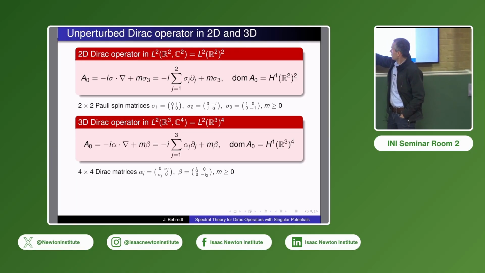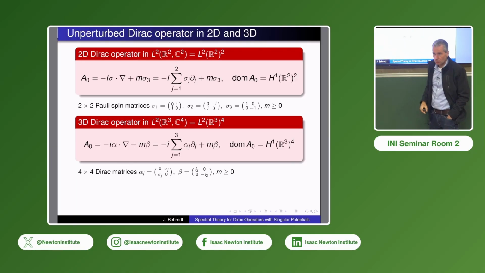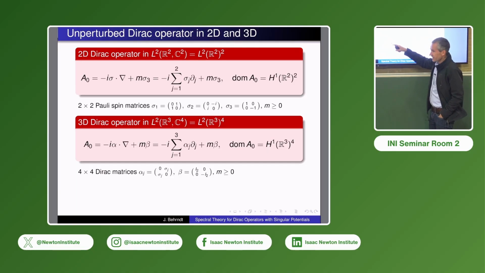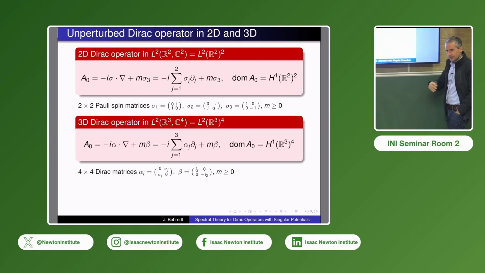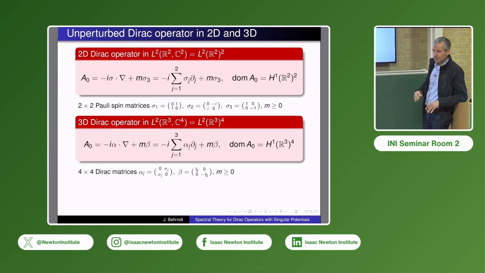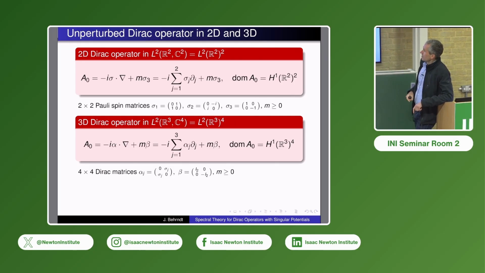They are 4x4 matrices, composed using these Pauli spin matrices. Beta is another 4x4 diagonal matrix, and it is just 1, 1, minus 1, minus 1. Again, this comes from physics. These matrices satisfy certain anti-commutation relations, which they need to do for Dirac's derivation, but all this will not play any essential role.